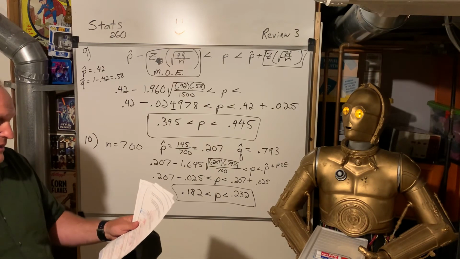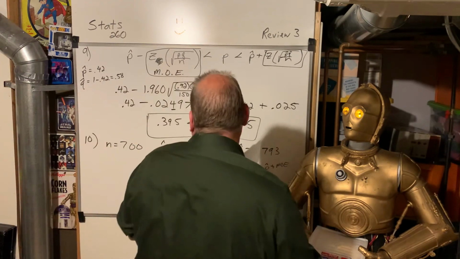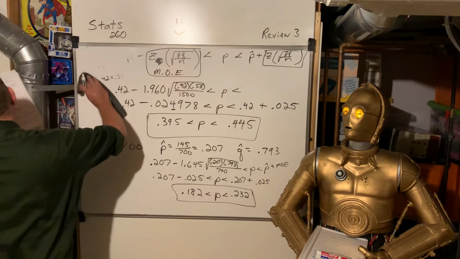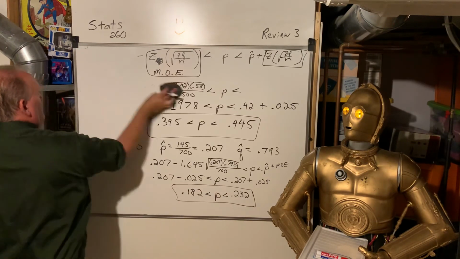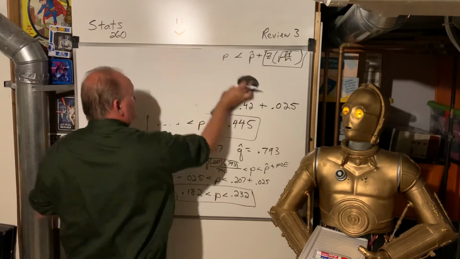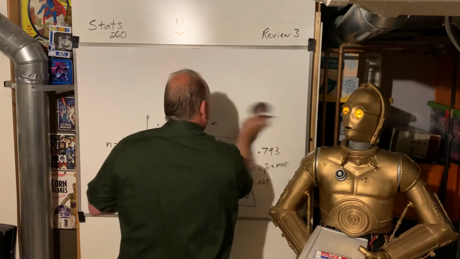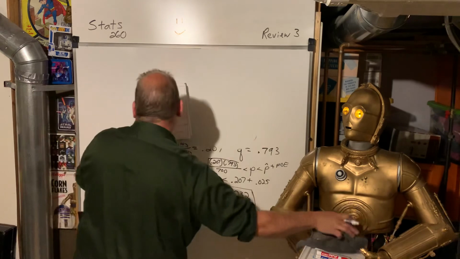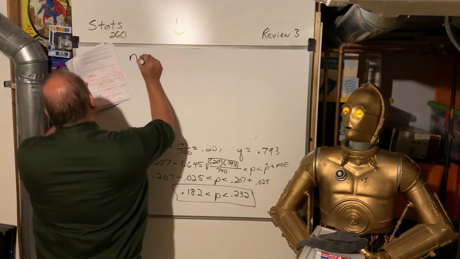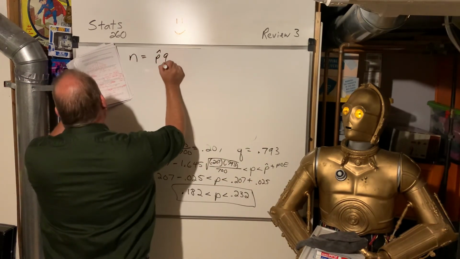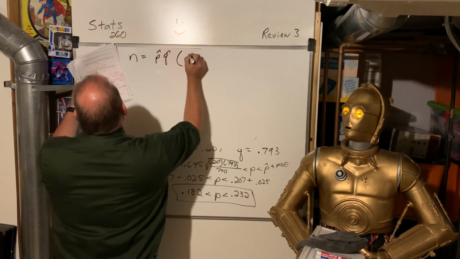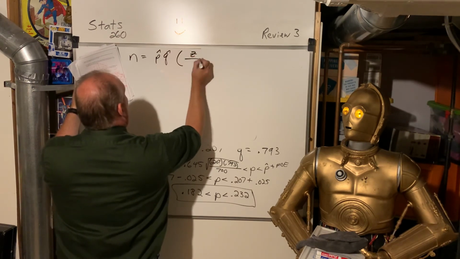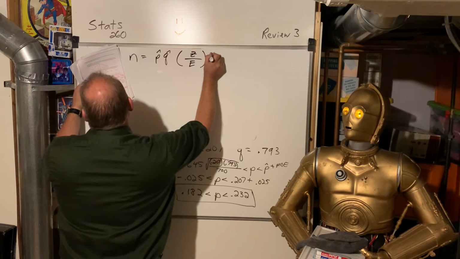All right. And then the last one on this page, 10B, is again just plug and chug. You just look in your equations on the formula sheet. n is equal to p hat q hat times z over E, squared.